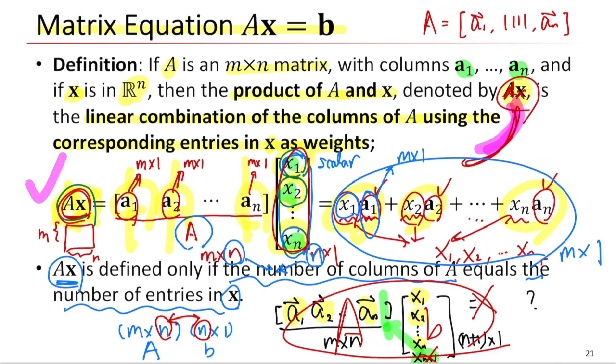With this operation, A times x can be represented as a linear combination of each column vector A1, A2 through An with the scalar values x1, x2 through xn, right?